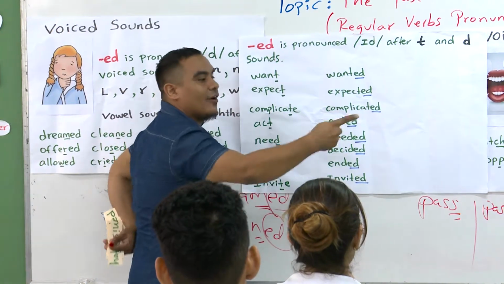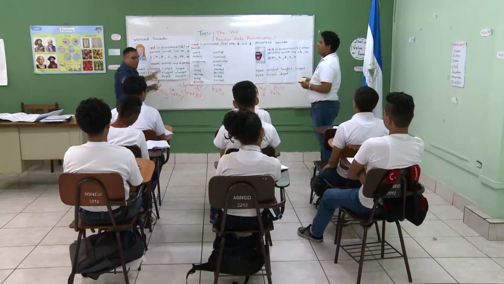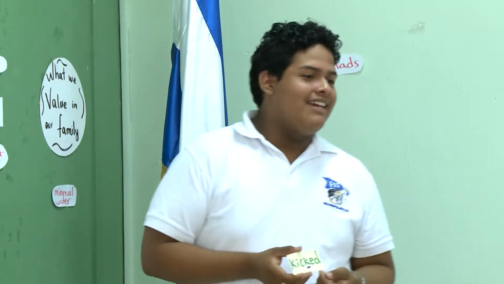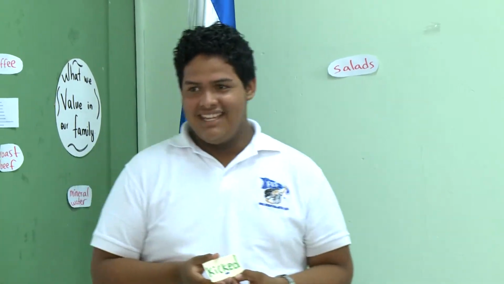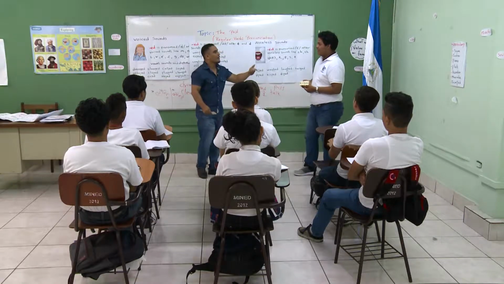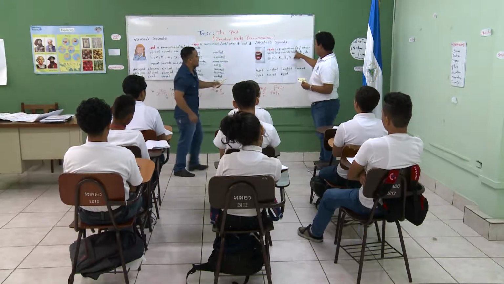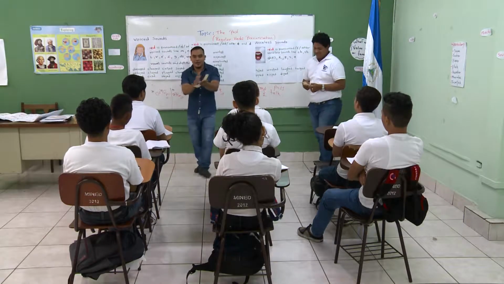K. Okay, so how do you pronounce the past form? Show it to the class. Kicked. What is the sound? Like T. Okay, excellent. Clap your hands.